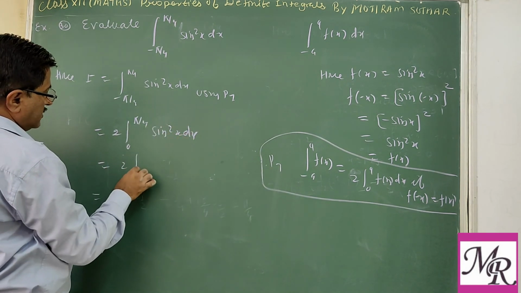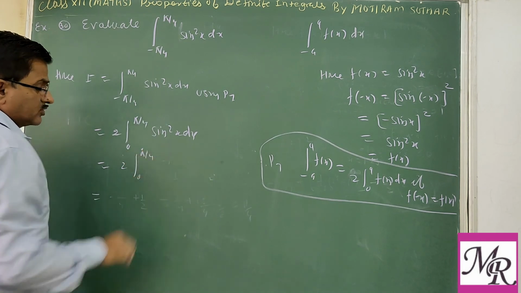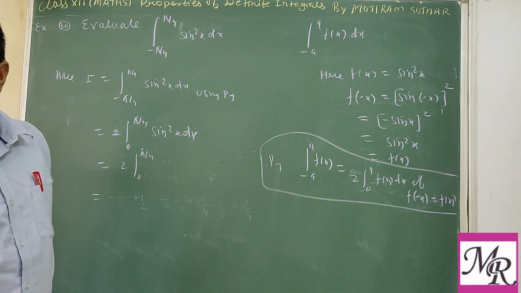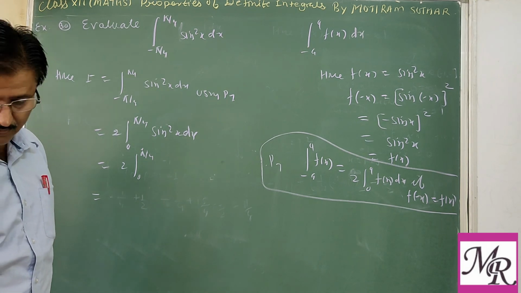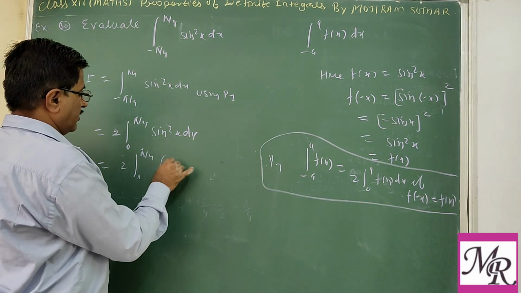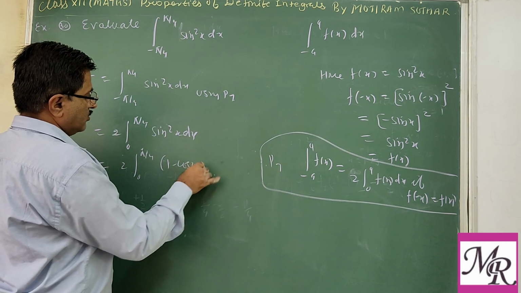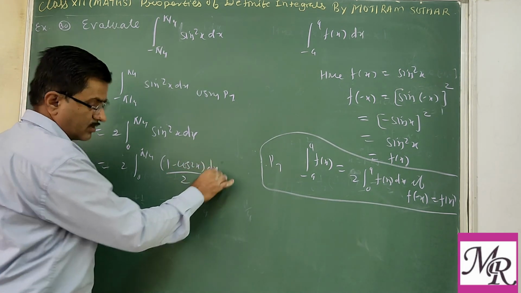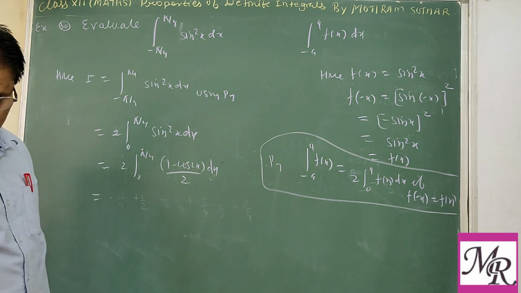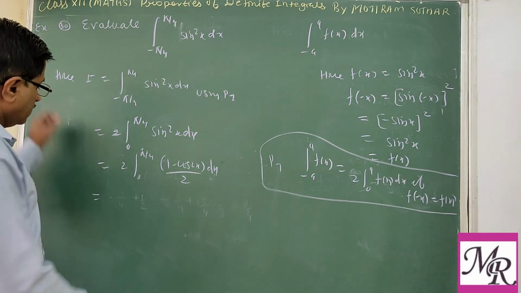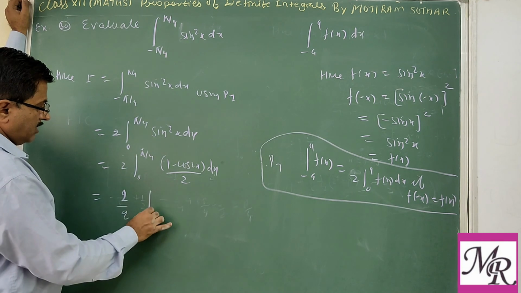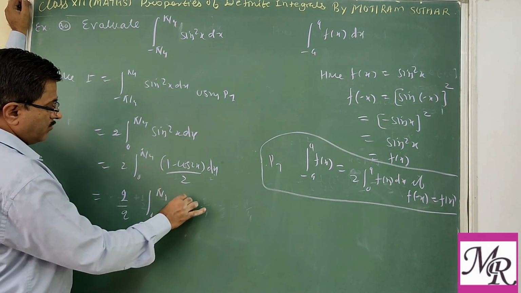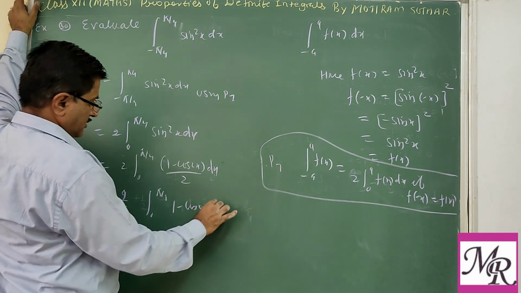Now you can easily integrate. The square can be converted into a multiple angle, so sin square x is 1 minus cos 2x by 2. Clear? So we can write 2 upon 2, take common, the integral from 0 to pi by 4 of 1 minus cos 2x dx.